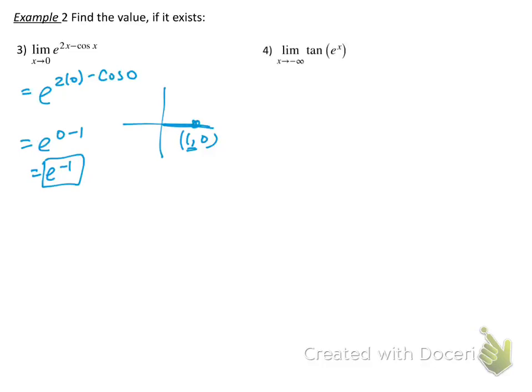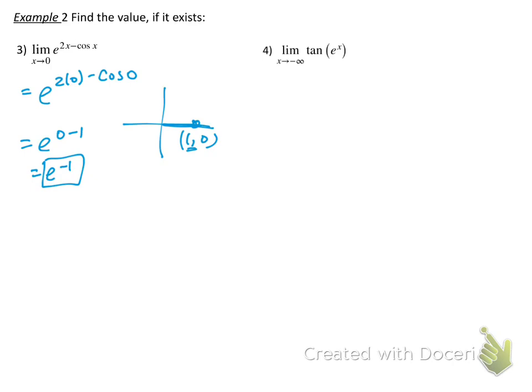Next question. The limit of tangent of e to the x as x approaches -infinity. Well, you can't really plug in -infinity as a number, but you can still plug in the idea of limits. The first function that your x will be applied to is e to the x.